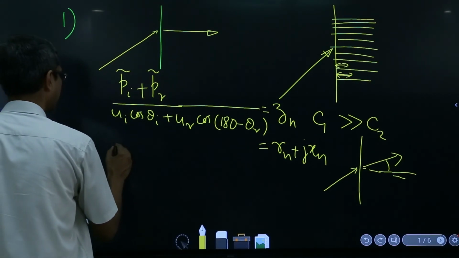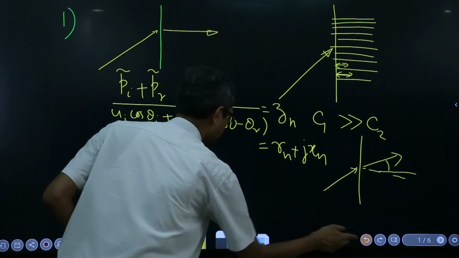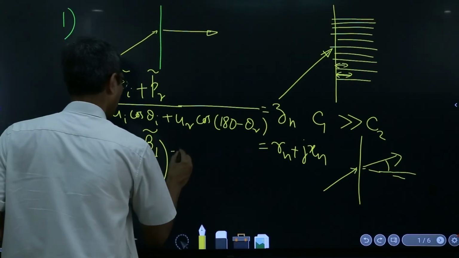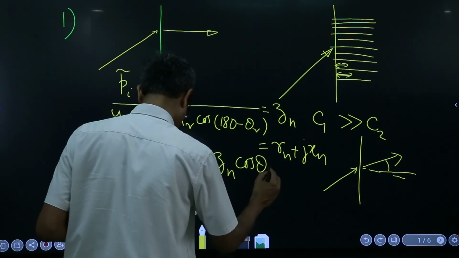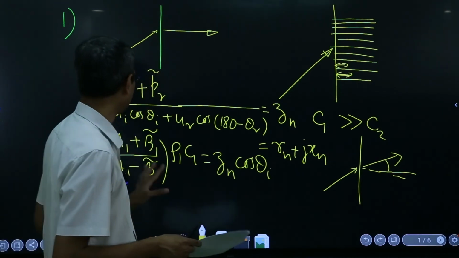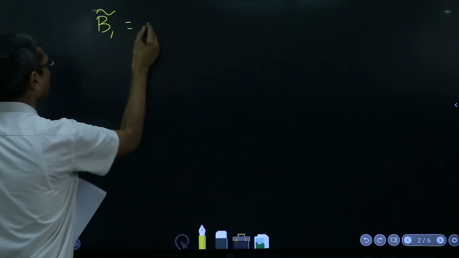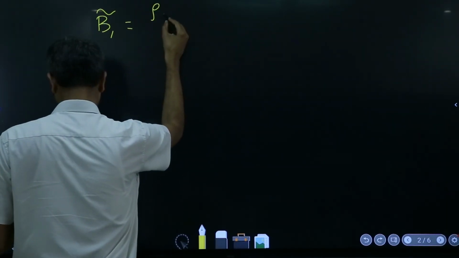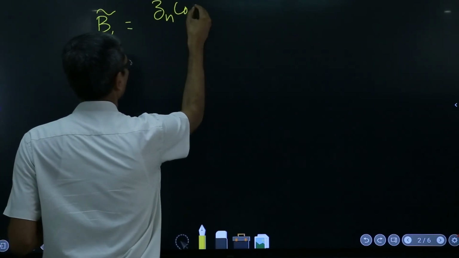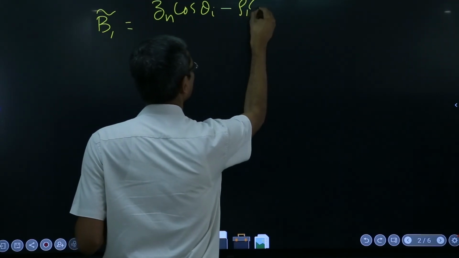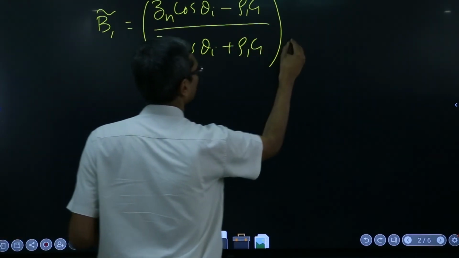From here you can write (A1 plus B1) over (A1 minus B1) times rho 1 C1 equal to Zn cosine of theta I. This is what you will get, and if you solve for B1 you will get this, which is very similar to what we got previously: B1 equals (Zn cosine theta I minus rho 1 C1) over (Zn cosine theta I plus rho 1 C1) times A1.